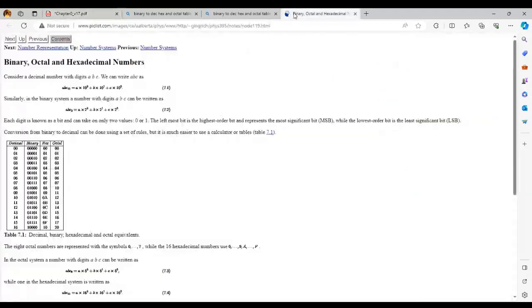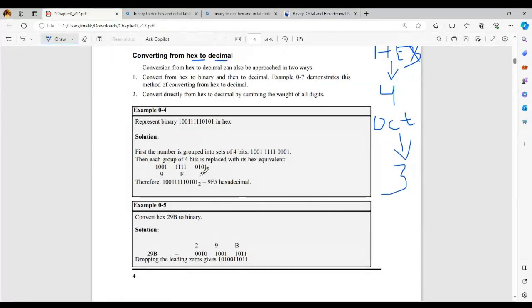According to the table we have seen here, this binary number corresponds to 5 hexadecimal, this binary corresponds to F hexadecimal, and this binary corresponds to 9 hexadecimal.